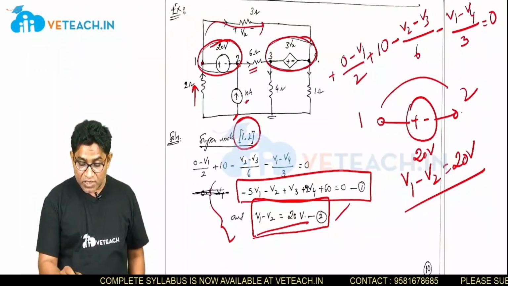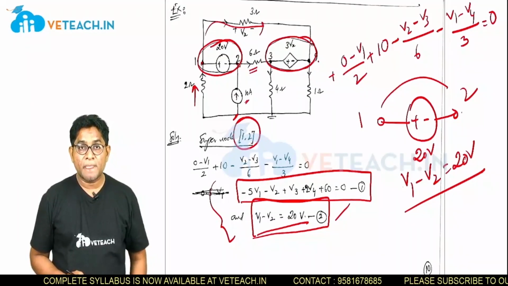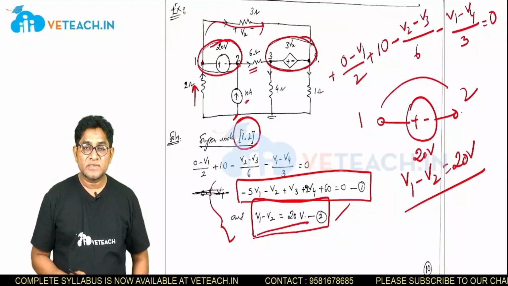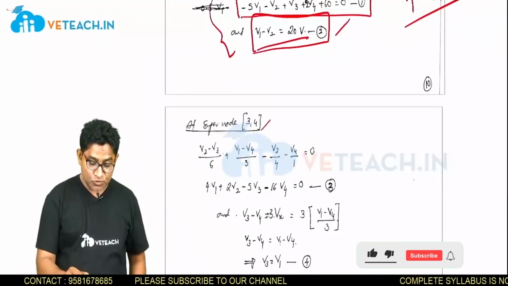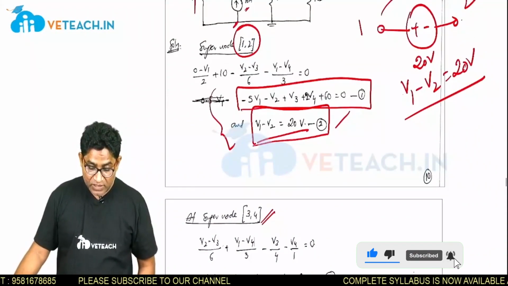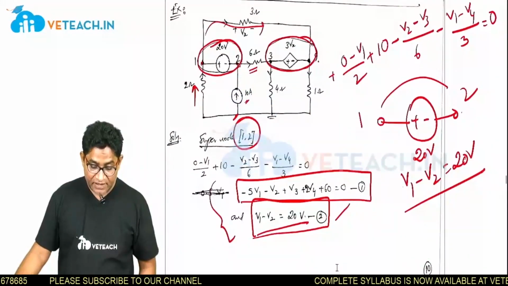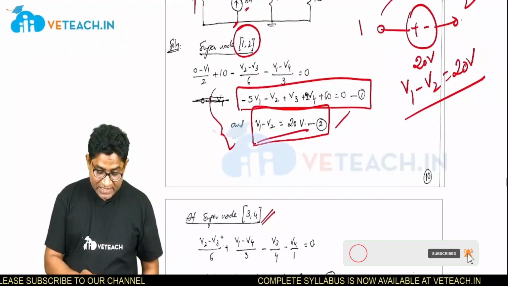Now if you see nodes 3 and 4, there is also a dependent voltage source, right? So in this case also a super node is formed. At super node 3, 4, what are the currents entering and leaving? The 6 ohm is entering, so that is V2 minus V3 by 6.